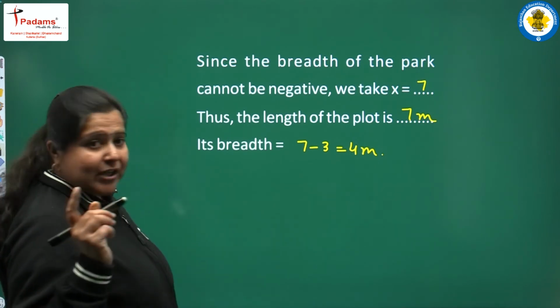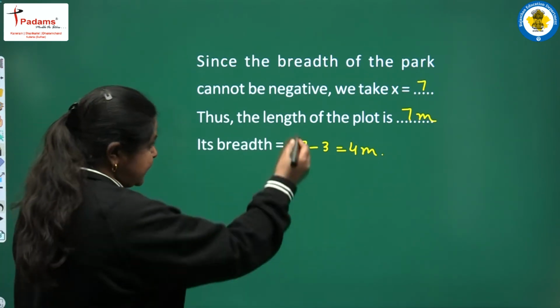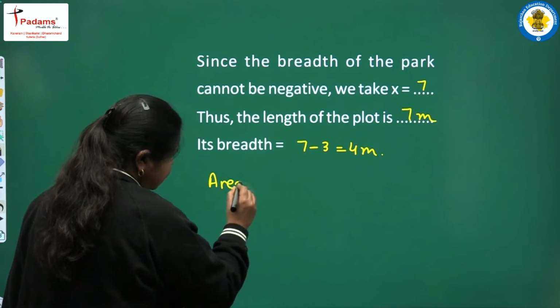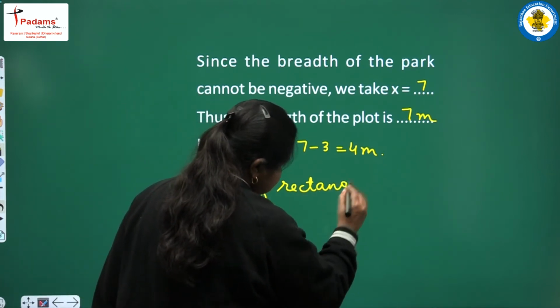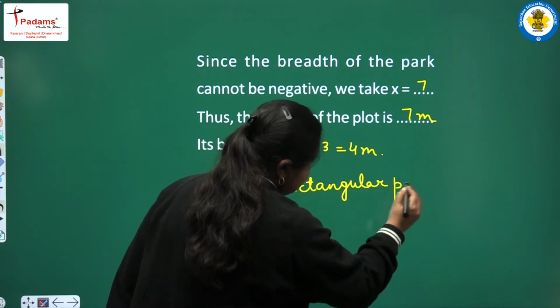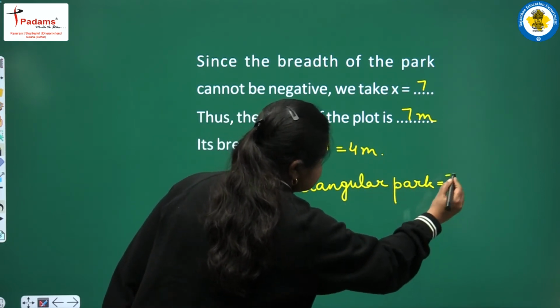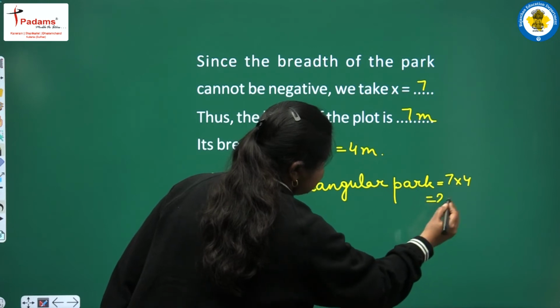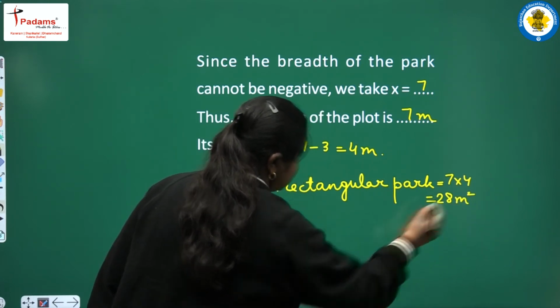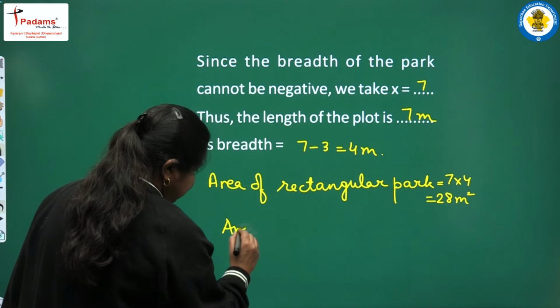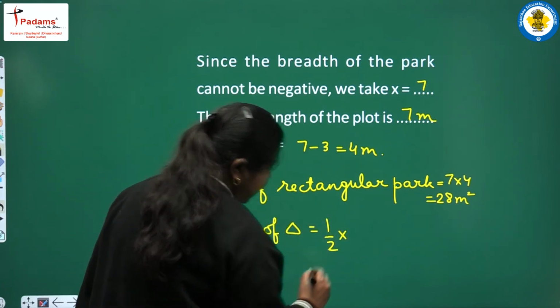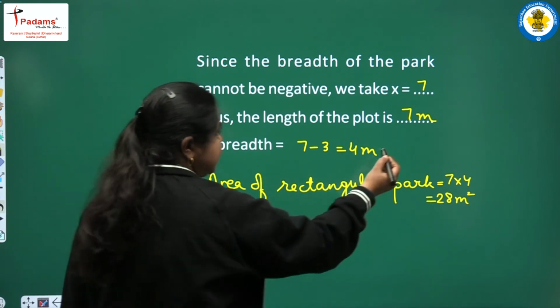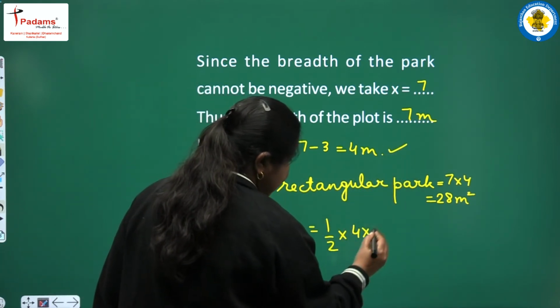Now you can also check the answer. Just have a look. The area of the rectangular park will be now 7 into 4 equal to 28 meter square. और एरिया ऑफ ट्राइंगल क्या हो गया देखिए आप, it is equal to half into base. बेस वही है जो इसकी ब्रेड्थ है 4 और हाइट थी 12.